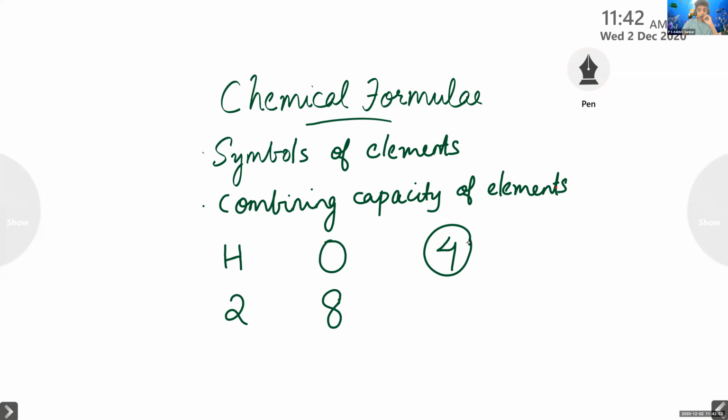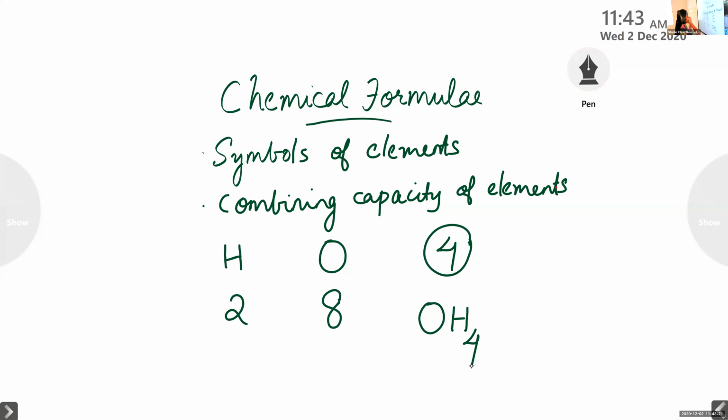It's OH4, because the octopus is 1, and this octopus needed 4 human beings. So we can represent it as OH4. In this way, we are going to write the chemical formula of compounds.